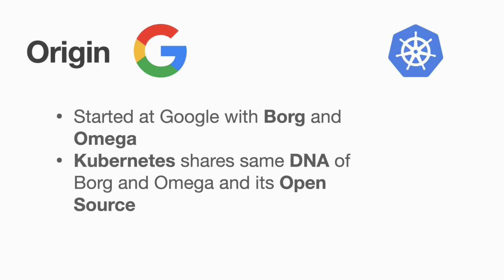So Kubernetes is open source, which means that both you and I can contribute to this awesome project. Fun fact, Kubernetes is actually written in GoLand, which is an amazing language.